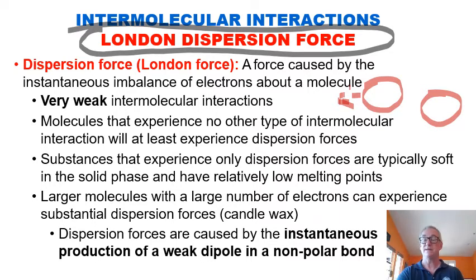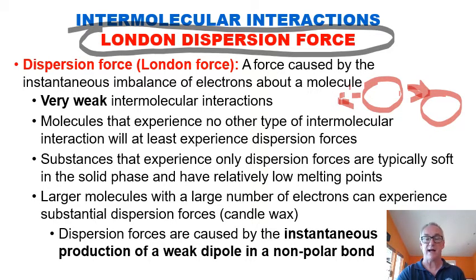And when that happens, basically that sets up the same thing in the molecule next to it. So if I have this instantaneous, very small dipole being formed, it basically forces an instantaneous dipole next to it.